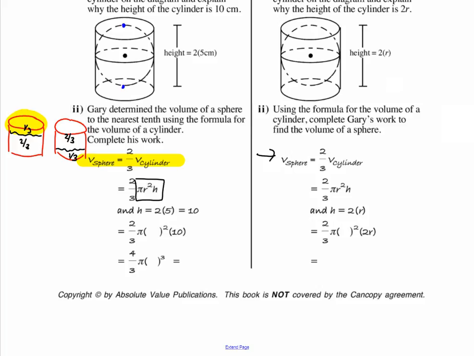Our height is 2 times the radius because that's the diameter. This height is the same thing as the diameter of the sphere, which is 2r, 2 times the radius. Everyone knows that from a circle? So when I sub that in, you have pi times your radius squared times 2r. Your height is 2r.